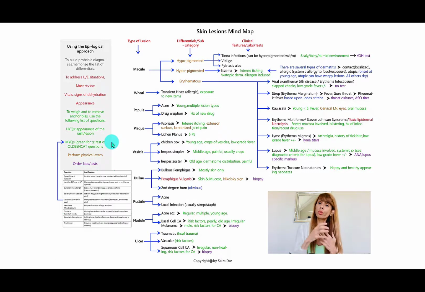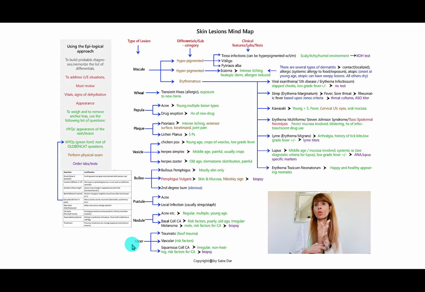In order to go through this DSA and look at all the skin lesions, we can see that the mind map has all kinds of different lesions on the left hand side, basically starting from the macule. They are the patch, papule, pustule, bullae, vesicles, and ulcer, and then there are some additional primary skin lesions which are not displayed on the mind map just because the scope of the mind map does not include those primary lesions, but we'll talk about those as we move along.